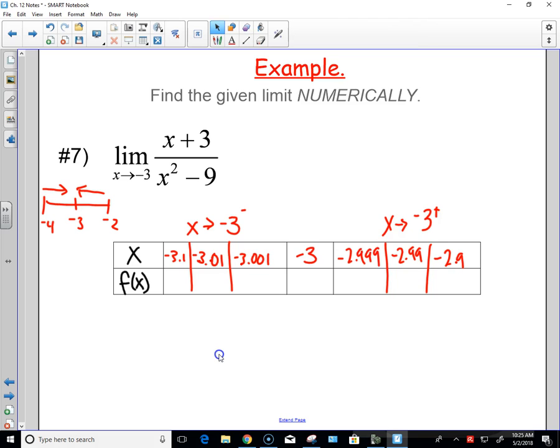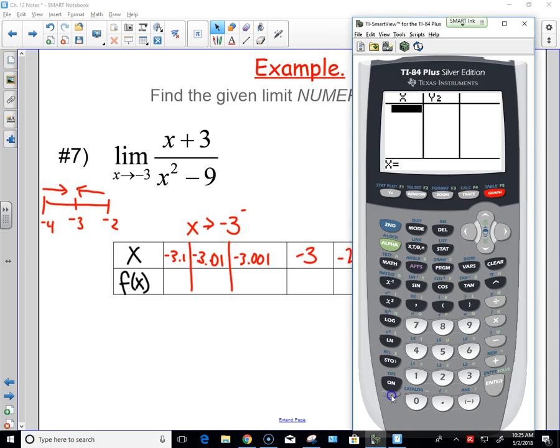Some of you guys went to your calculators, coming from below, coming from above. Coming from below, I'm just going to plug in negative 3 because last time it was good.